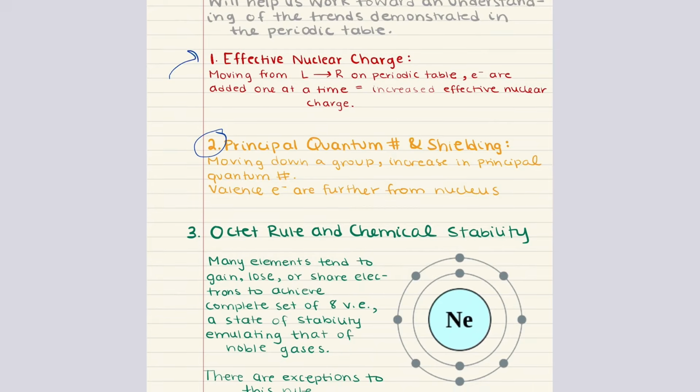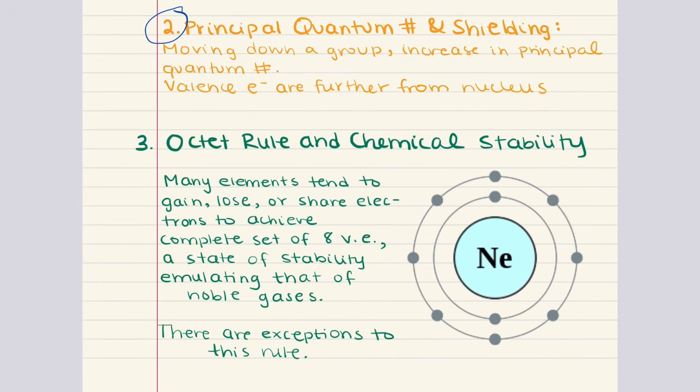As you move down a group on the periodic table, each successive element has an additional principal energy level. As you move down a group, you go from n equals 1 to n equals 2, all the way down to n equals 7. And as that happens, there's an additional electron shell in the next element as compared to the one above it.